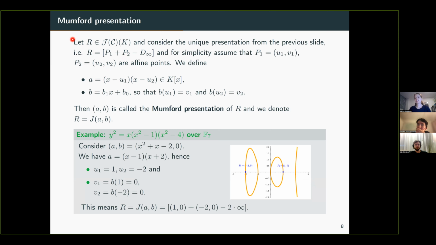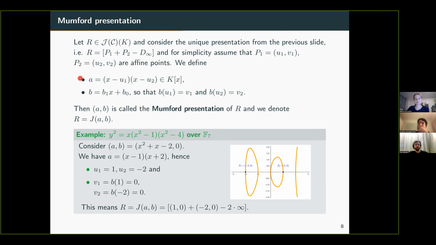As I said before, a divisor might be k-rational, but this doesn't mean that the points P1 and P2 are k-rational. And so for this representation, one might need to go to a field extension, which is generally something that should be avoided. So there is a nice representation for such divisors by just using a pair of polynomials, which in this presentation will always be called A and B.